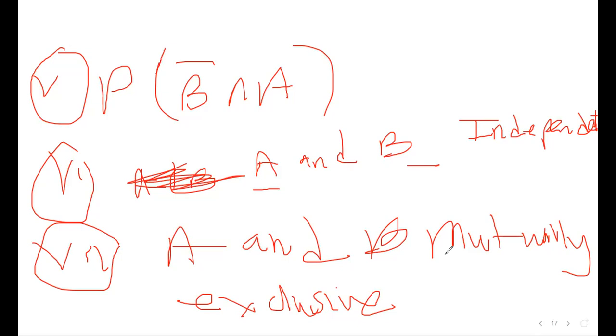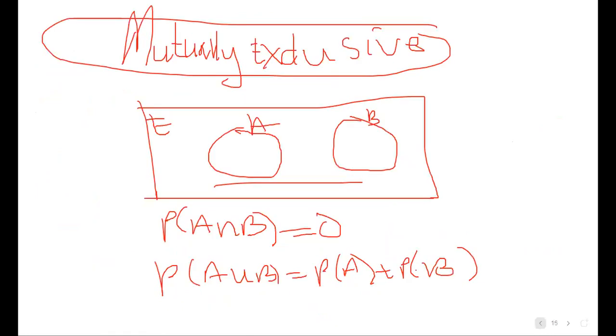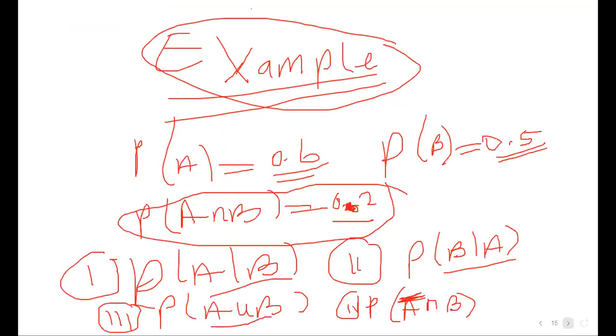This is a very, very important part of probability that you need to understand. Okay, so now let me give you the last example.